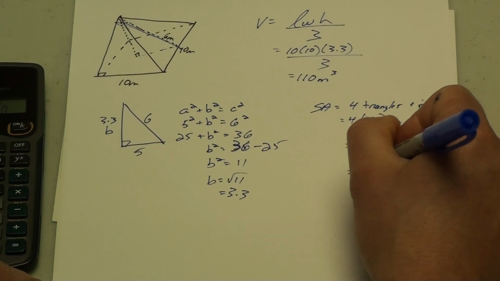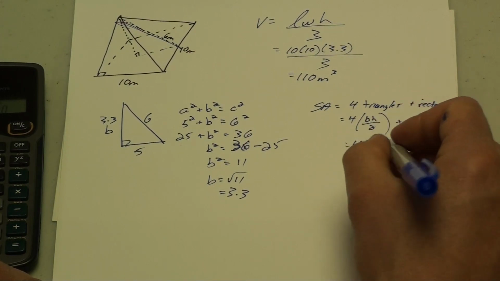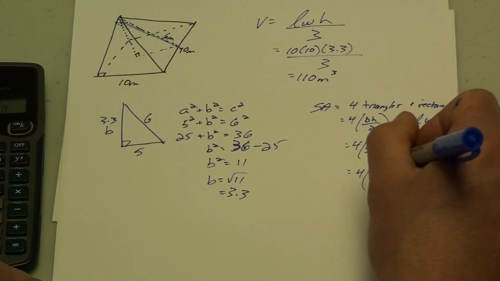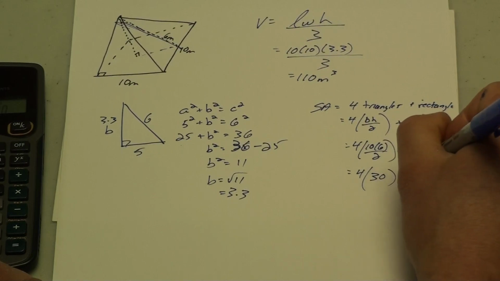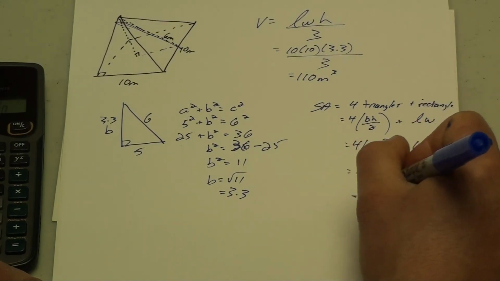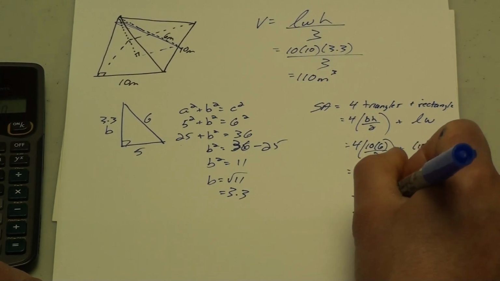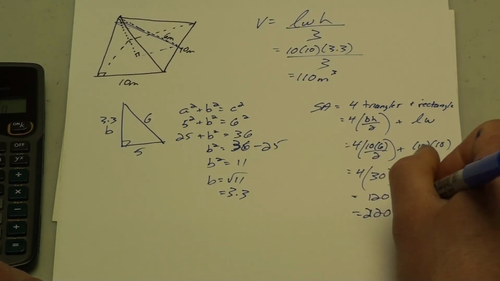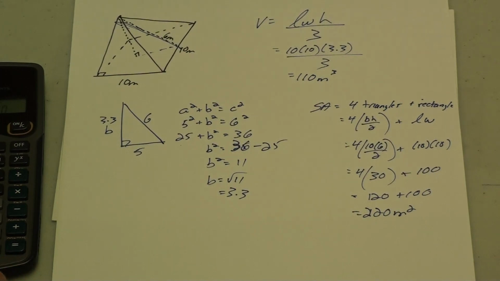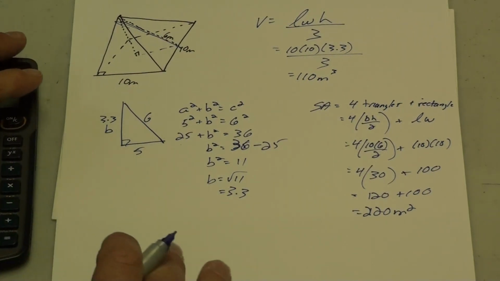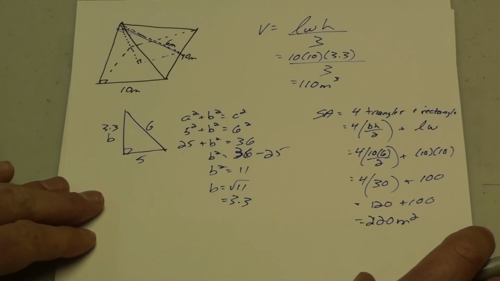So I have 4. Then I have 10 times 6, which is 60, divided by 2, which is 30, plus 100. 4 times 30 is 120, plus 100. I'm going to have 220 meters squared, being the surface area of that rectangular based pyramid.